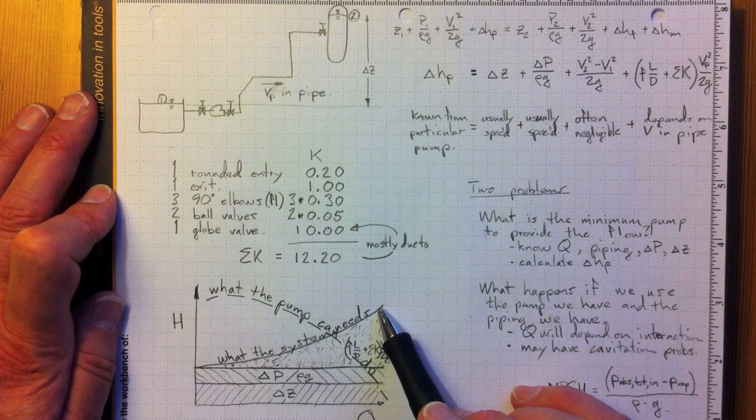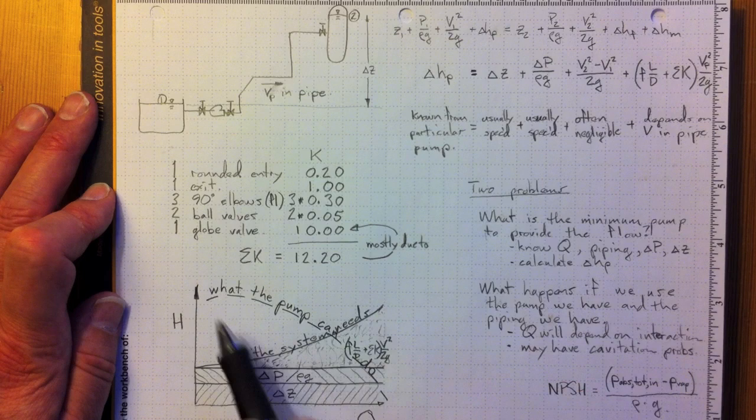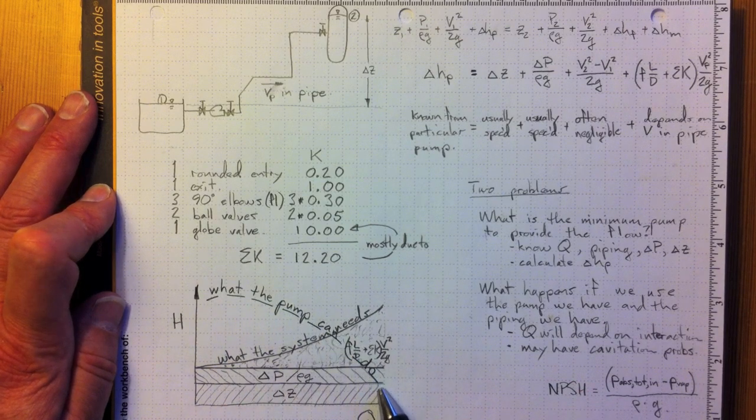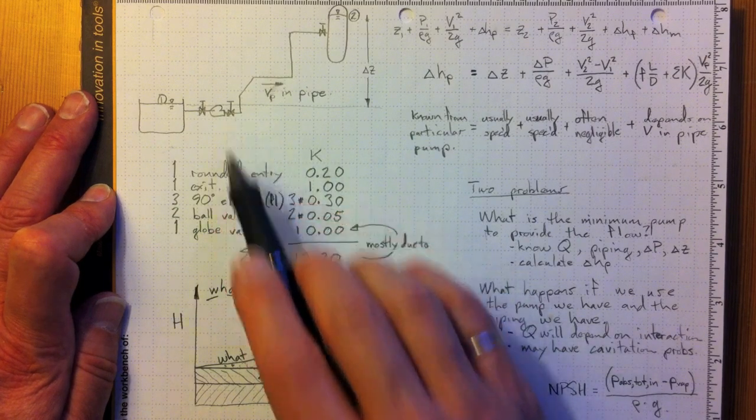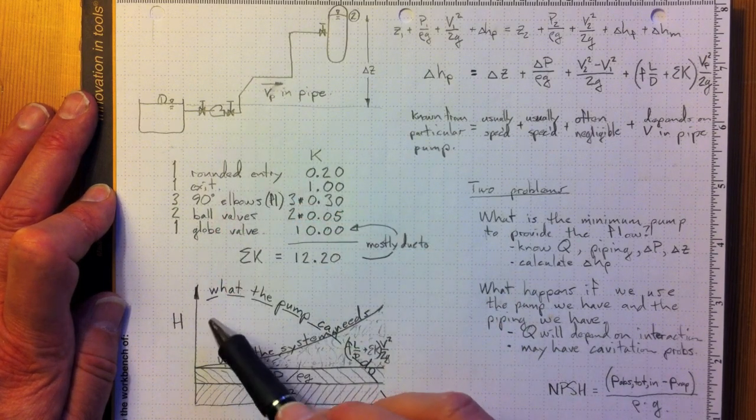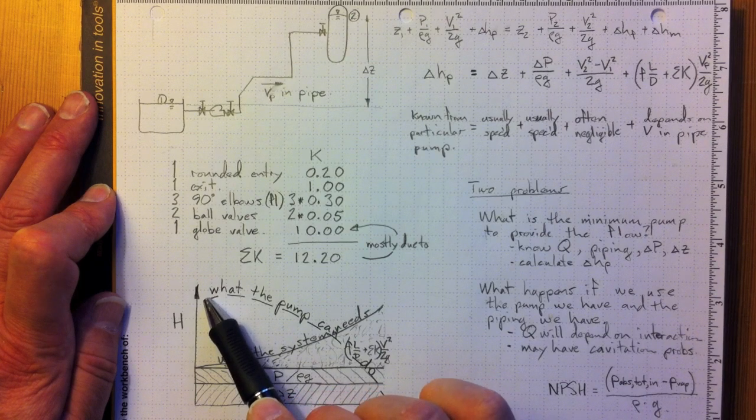We need to compare that to what the pump can do. This line here we might have as a typical pump curve of what the pump can do. So if we turn on this pump and we have no flow, we'll see a head rise across the pump that's quite large.